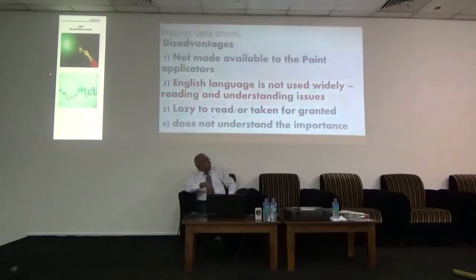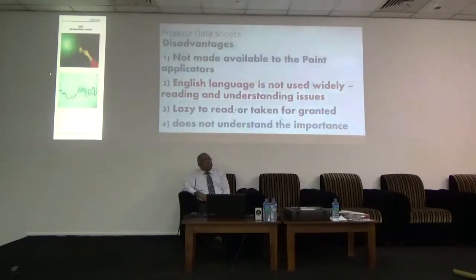So, coming back to the data sheet, you all have the data sheet, you can read it. But what happens is, for the applicator, sometimes you don't give the papers. You have a folder in the file, but the paint applicator doesn't get the chance to read it. And his English is also not very good. Understanding is a problem, and sometimes he's lazy also.